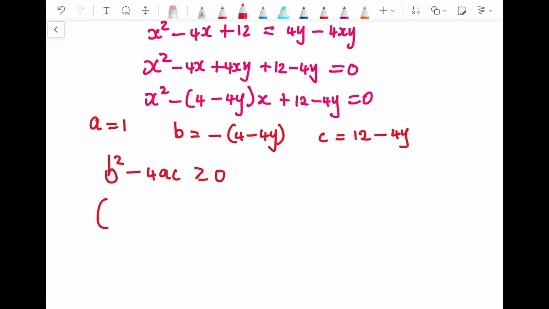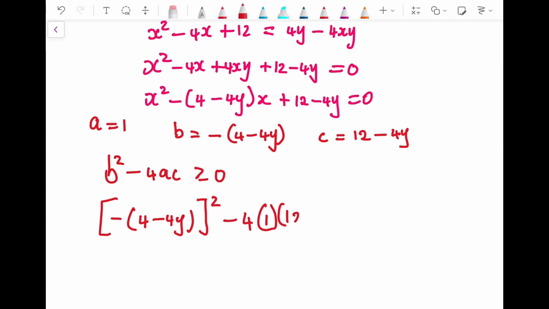So now, what is our b? It is negative into 4 minus 4y all squared minus 4. What is our a? Our a is 1. What is our c? Our c is 12 minus 4 minus 4y. This must be greater or equal to 0 for this to be real.